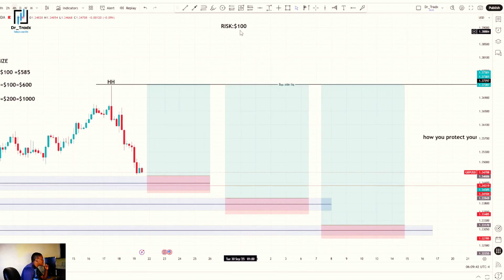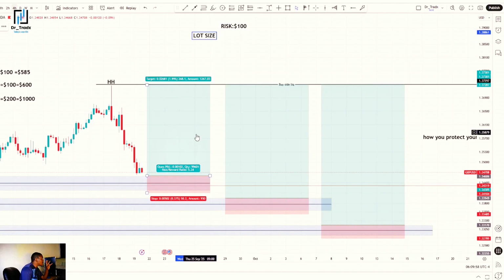The first thing you do, remember, you calculate your lot size according to the amount you are willing to risk. Assuming you want to risk $100 in this one trade.